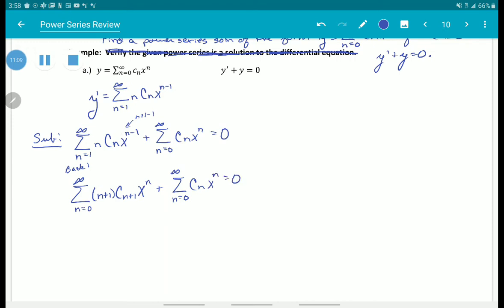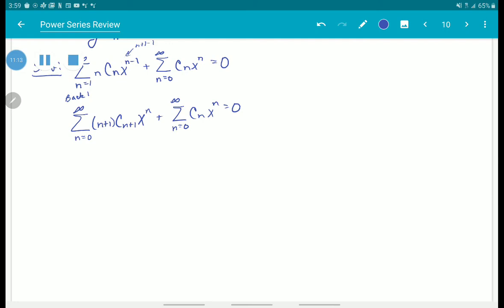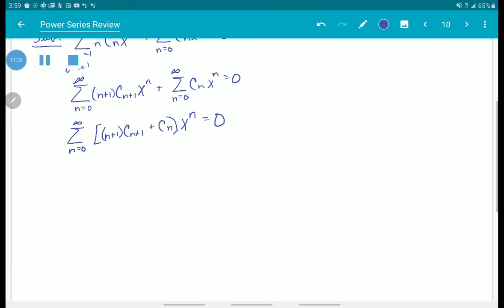So now we have that. And then now we can put these guys together into one power series. They both start at 0. They both have that x to the n. So then our coefficient would be n plus 1 times c of n plus 1 plus c of n if we were to factor out that x to the n. Now, this goes back to that identity property we talked about before.